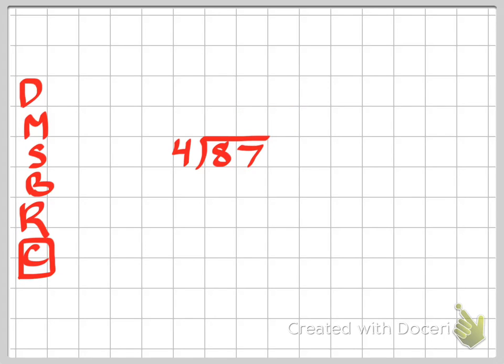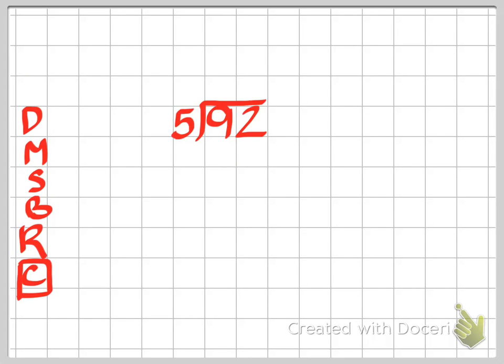Your second problem tonight is 87 divided by 4. Again, show all of your work, and if you get stuck, go back in and watch the tutorial again. Your third problem for homework tonight is 92 divided by 5. Show all of your work. Don't forget to check off Does McDonald's Sell Burgers Really Cheesy as you do it.